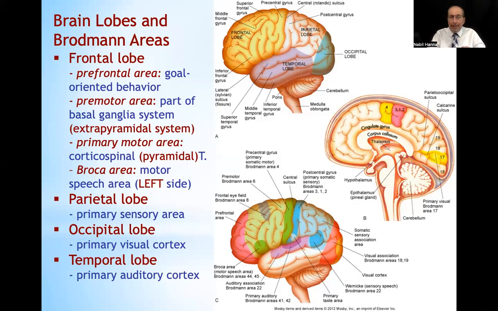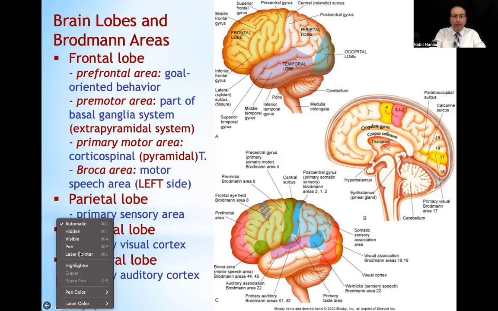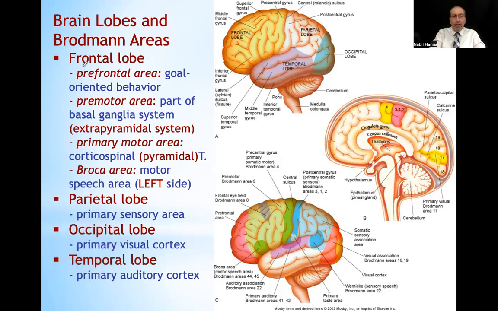We do not know their exact anatomic locations, but we know that in the most anterior part of the frontal lobe, we have the prefrontal area that is concerned with behavior.